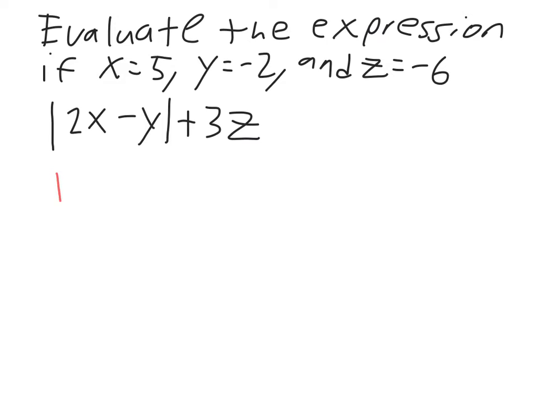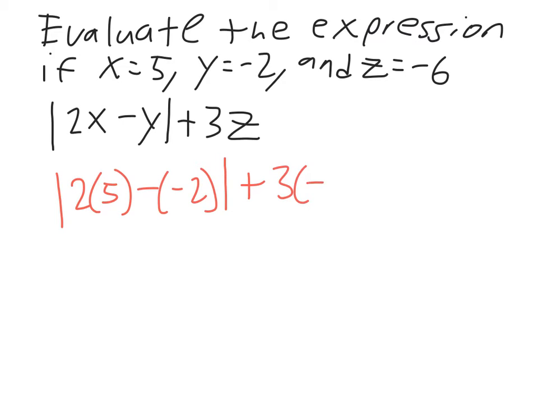So we'll have the absolute value of 2 times 5 minus negative 2 plus 3 times negative 6. Then let's do those multiplications out.